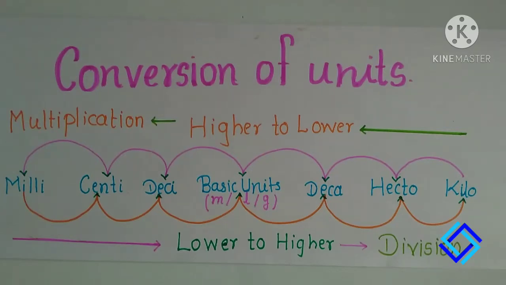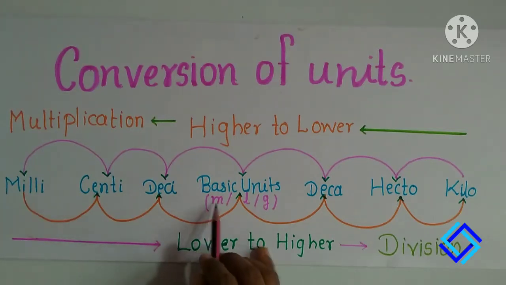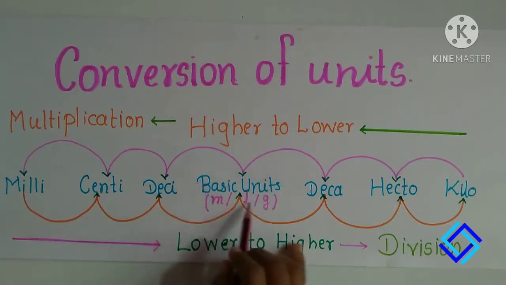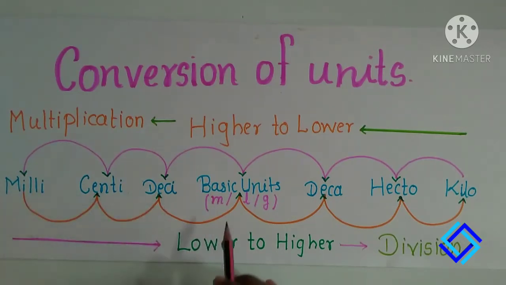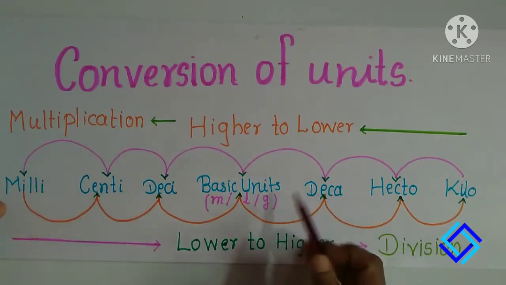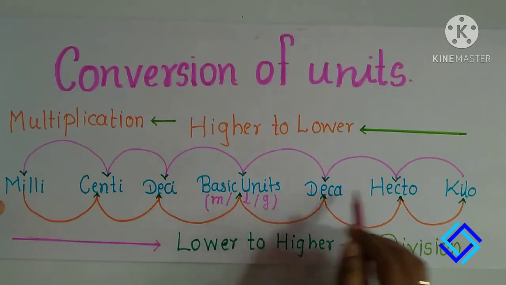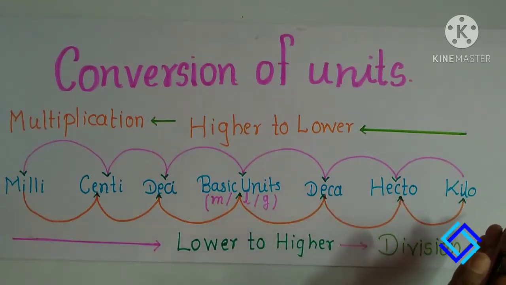So how to convert from lower unit to higher unit? First of all, we'll see lower unit. See here that meter, liter and gram, these are the basic units. Left hand side of that basic units are milli, centi, deci, these are the lower units, and right hand side of the basic units are deca, hecto, kilo, these are the higher units.